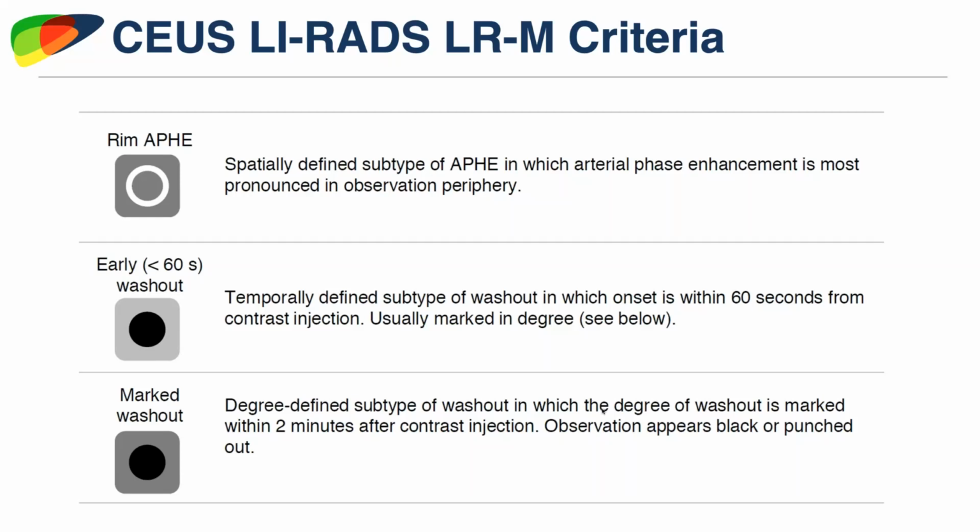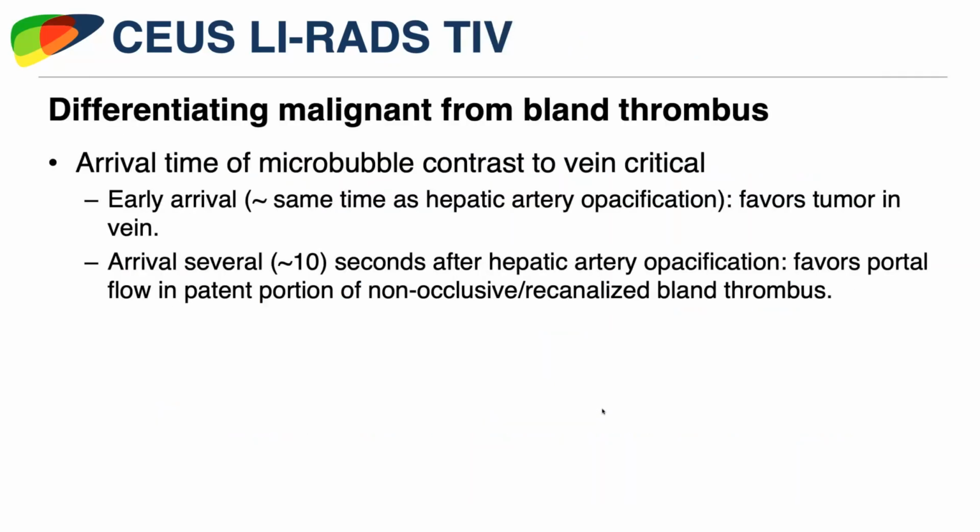To reiterate, an LR-M observation is one in which we're either seeing rim APHE, early washout, or marked washout, as discussed earlier. We can also use this modality to differentiate malignant from bland thrombus, which I think is another untapped use, because enhancement of thrombus can be a diagnostic dilemma on other modalities.